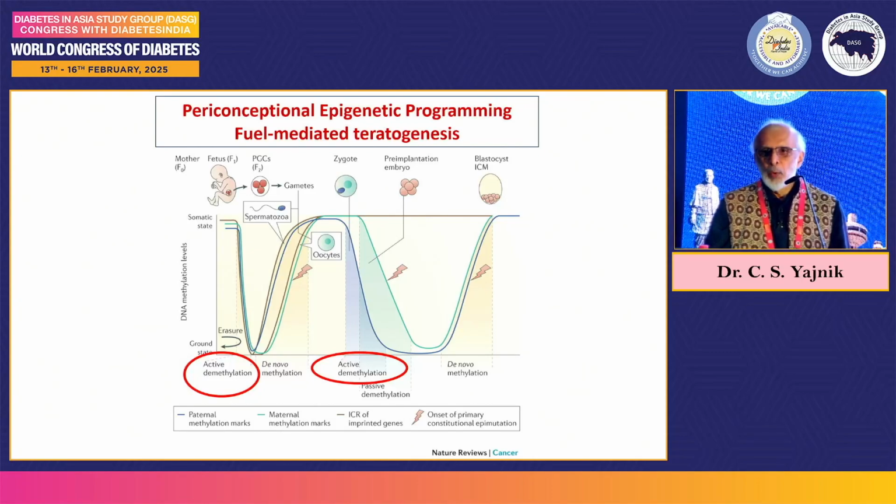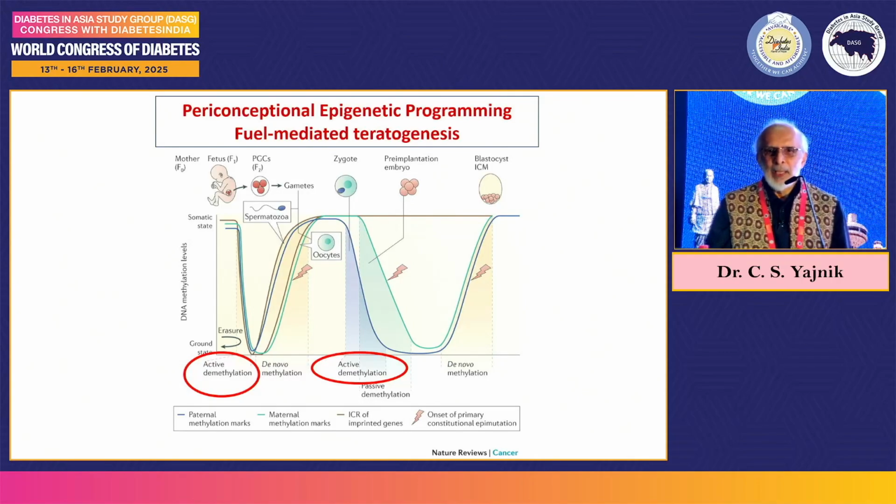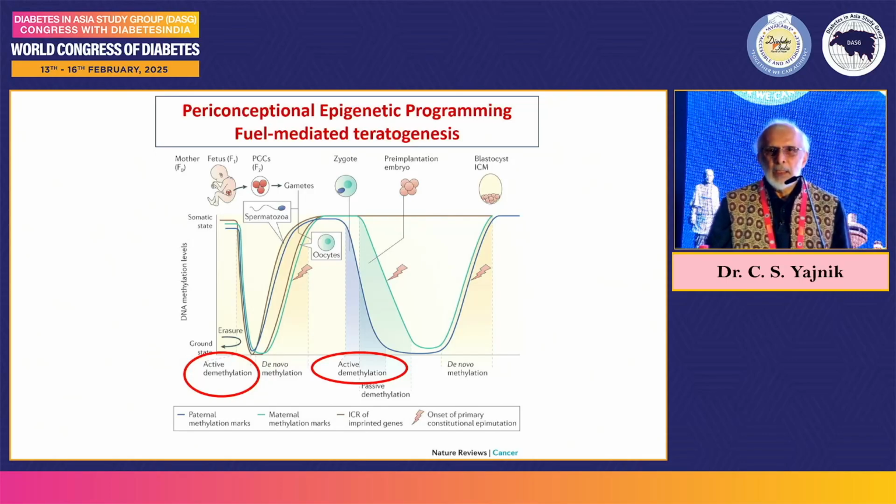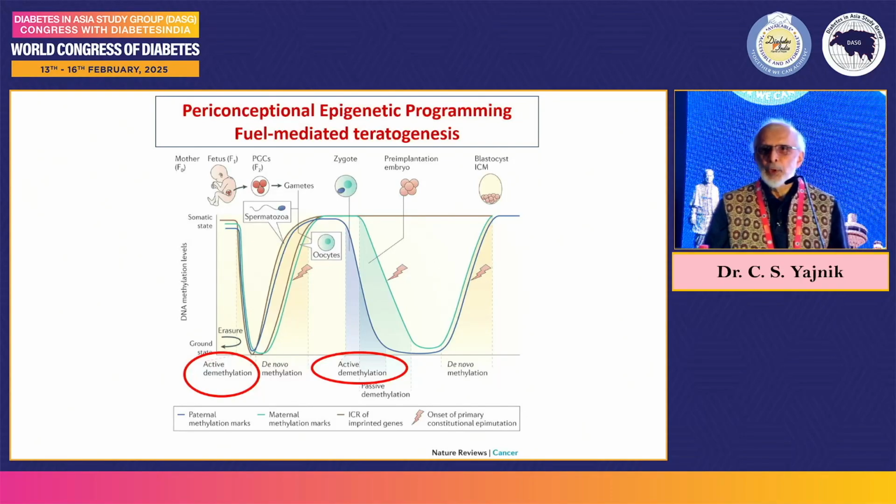So a whole lot of exposome, including maternal glucose, determines the epigenetic re-established state of the preconceptional embryo. And what is embedded in this? The susceptibility to future non-communicable disease.